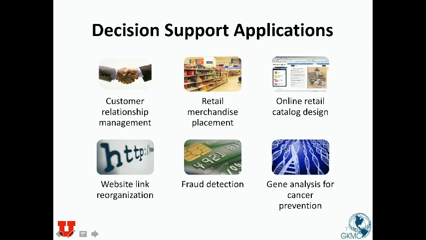There are lots of decision support applications for marketing, such as online website design, storefront design, in-store retail merchandise placement, online retail catalog design, and also other applications, including fraud detection.